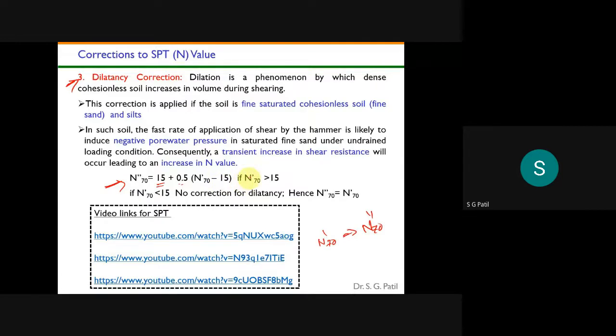That means the dilatancy correction will be applicable only if your N70 is greater than 50. If your N70 is not greater than 50, then no need to apply this dilatancy correction. So this is the formula to apply your dilatancy correction.